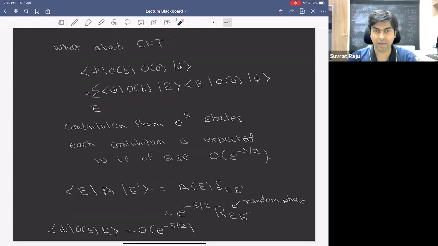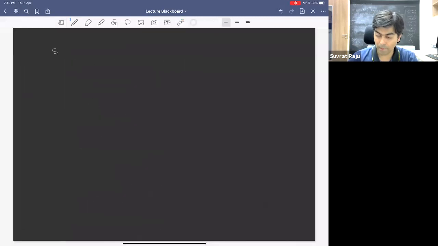If that is the case, then you have a sum over e to the s terms, each of which is of size e to the minus s, but with random phases.